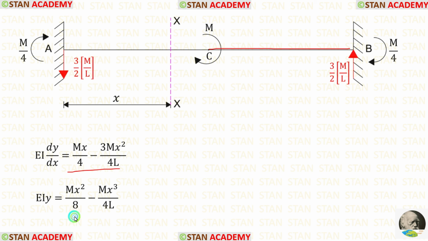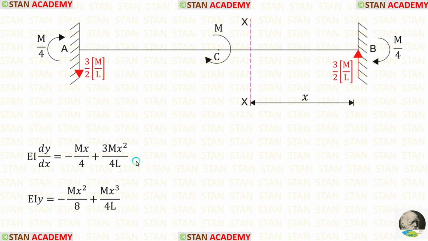In these equations, we have to just change the signs. This will become positive and this will become negative, and this will become negative and this will become positive. You can see that I have changed the signs. These two equations are applicable from the point B and up to the point C.